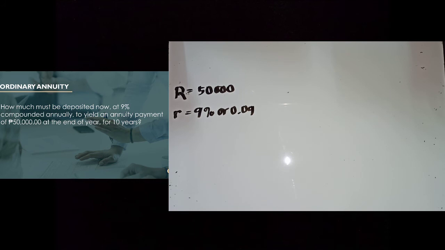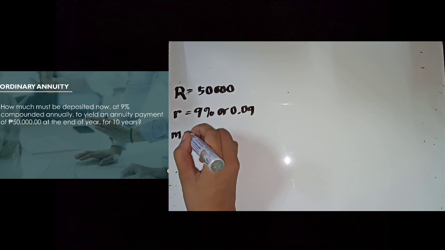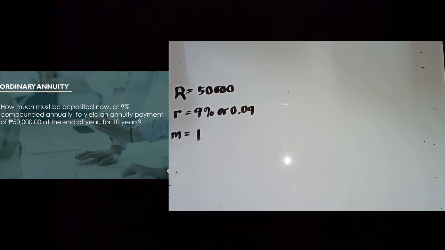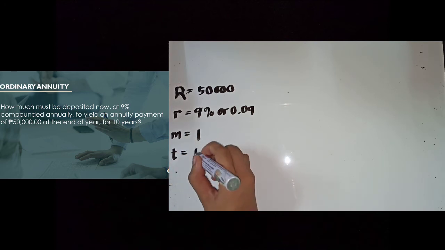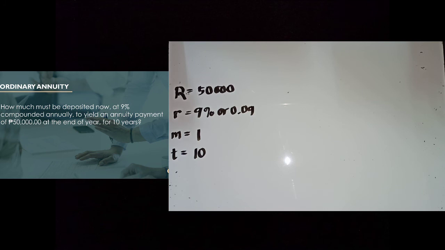And next, we have this compounded annually, so this is the value of our M. The value of our M is 1, since compounded annually. And the value of our T is equal to 10. T natin, this is the time in years. So that is 10 years.